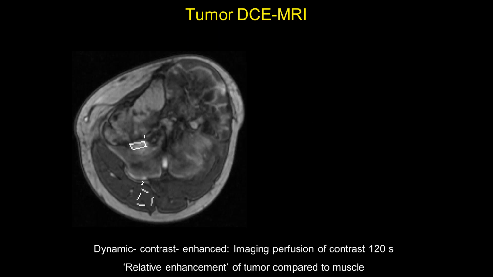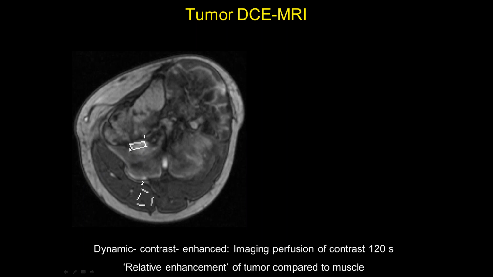So basically, we just pick an actual slide through the tumor, and while we administer contrast, for every second for give or take 120 seconds, we will make sure to image this slide. And then we place two ROIs, region of interest.